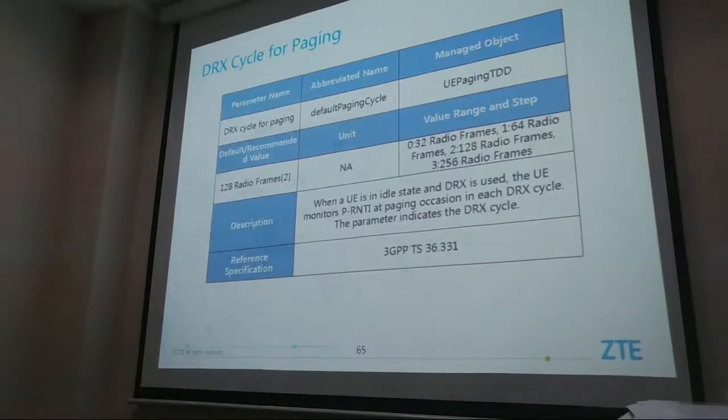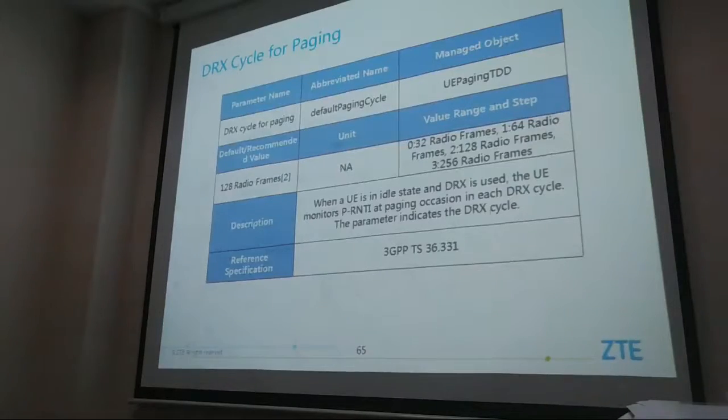What happens with the DRX cycle paging? I think there is a correlation with the inactivity timer, right? In a normal condition, the UE has this inactivity timer. If there is no activity during that time, the UE will go to idle.